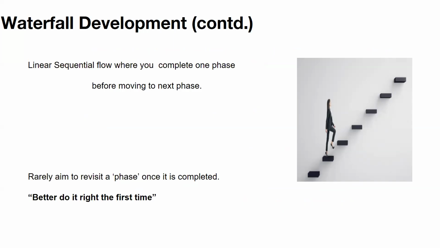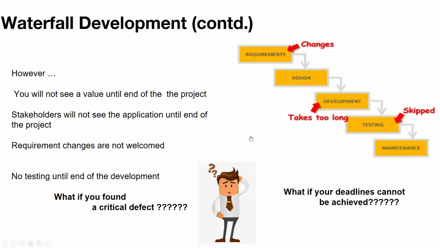It's better to get it right the first time. That's what they anticipate. But that doesn't work most of the time, right? We can't 100% guarantee that we have done it correctly the first time. So we implement it and then do the verification.